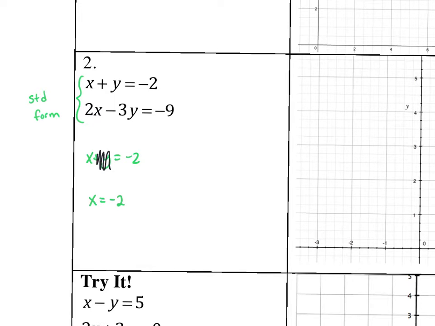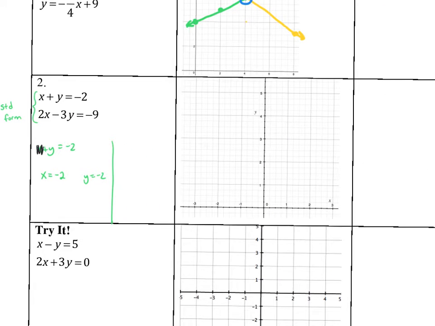Or if I repeat that process by covering up the x, my other equation is y equals negative 2. So now I have two intercepts, the x-intercept and the y-intercept, so I can graph that one fairly quickly.